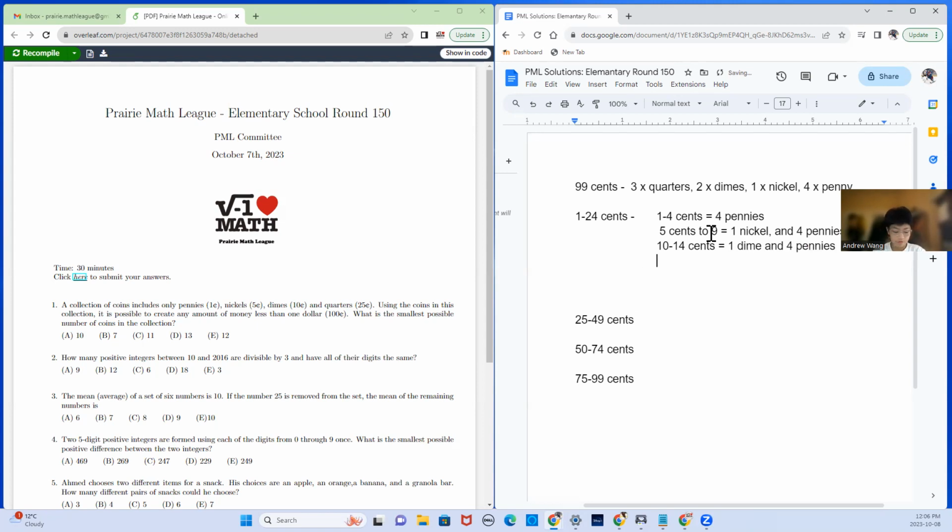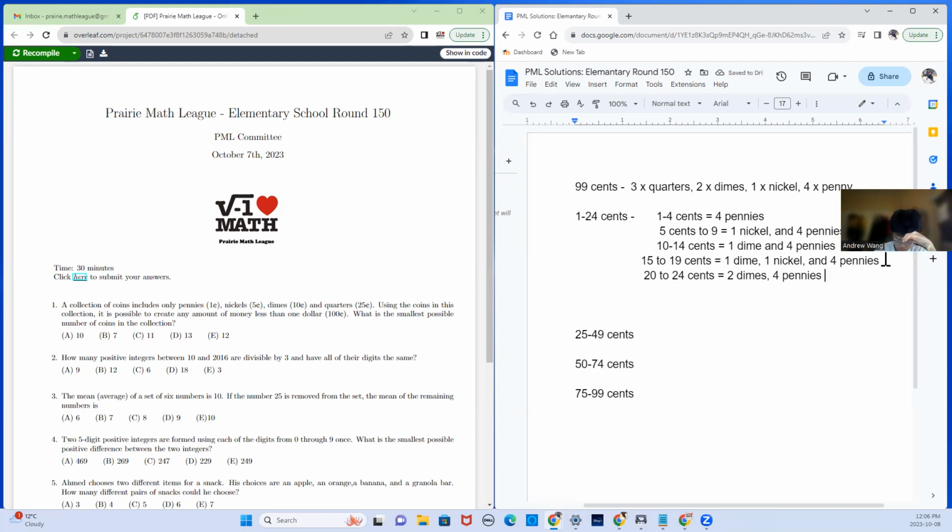From 15 to 19 cents, you can use 1 dime, 1 nickel, and 4 pennies to get the whole range. And lastly, from 20 to 24 cents, you use 2 dimes and 4 pennies to get the desired value.